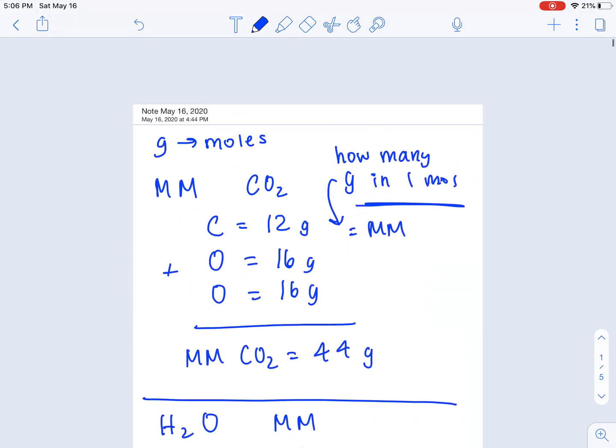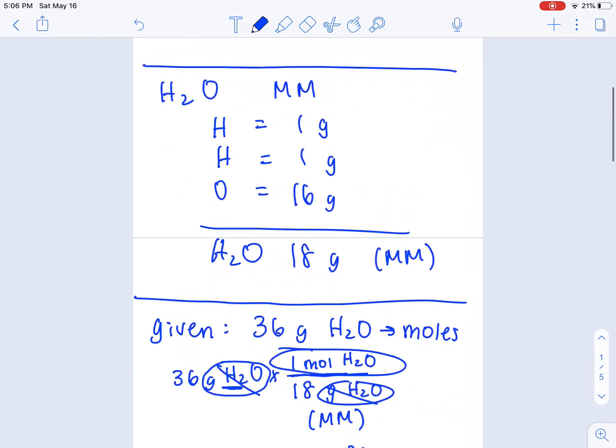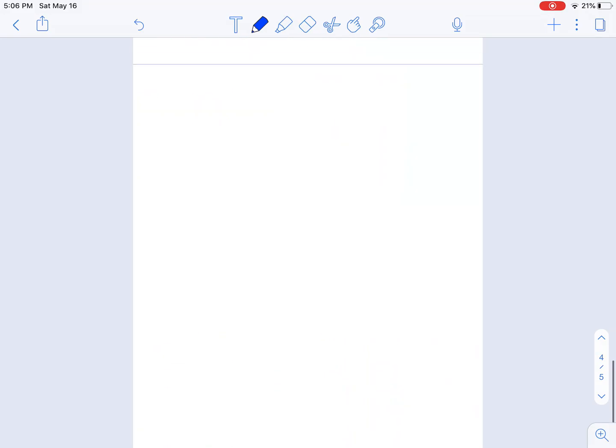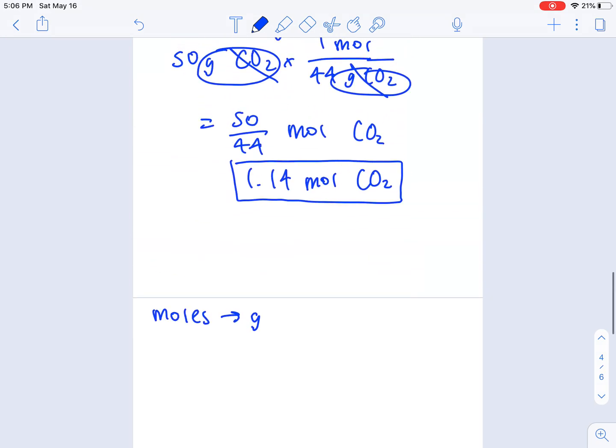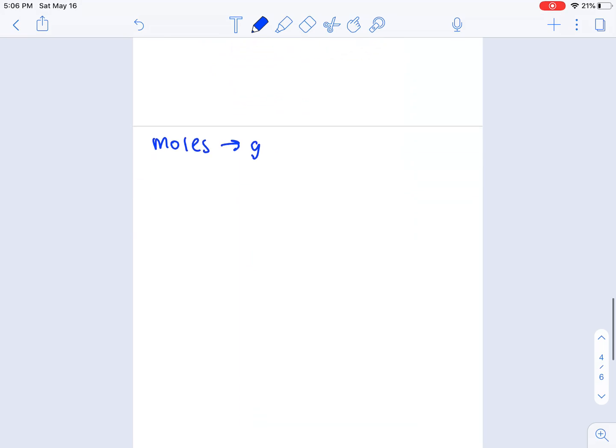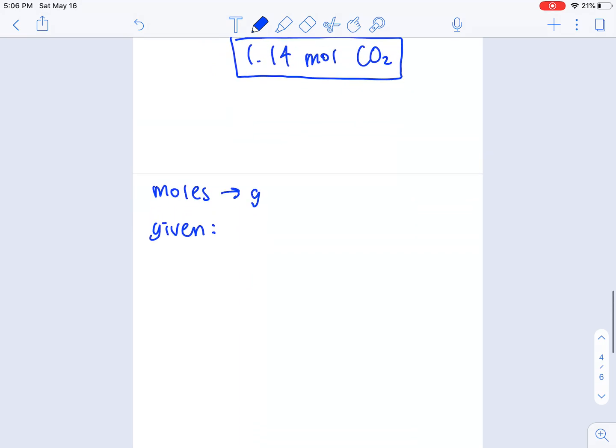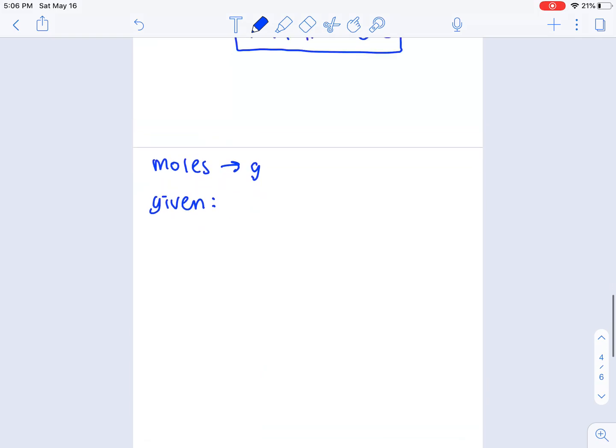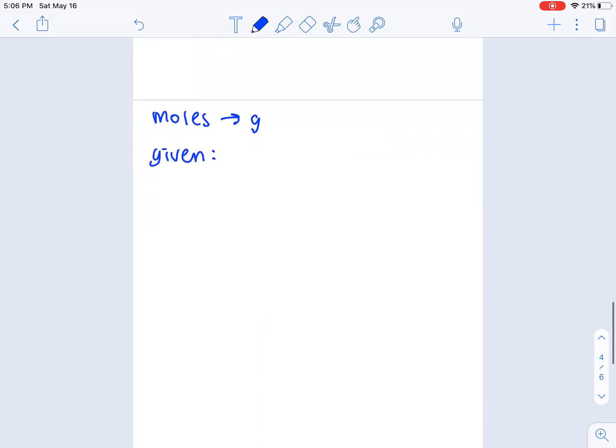Okay, so now let's talk about converting moles to grams. Okay, so we went from grams to moles. Let's go moles to grams. This is actually very similar. Let's take, for instance, a given. Let's go with the 50.